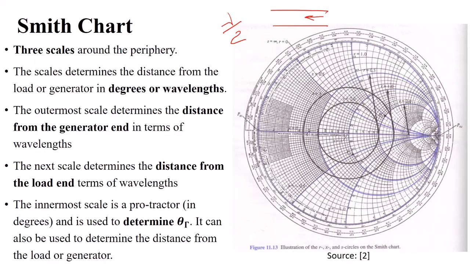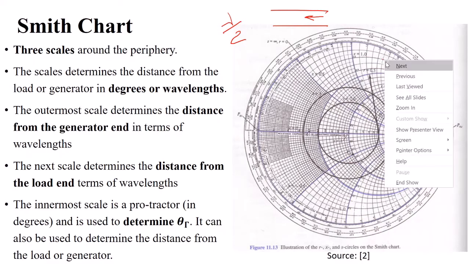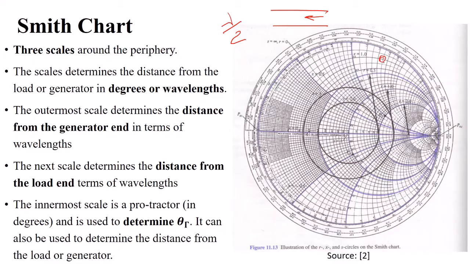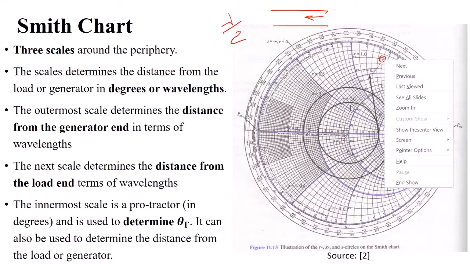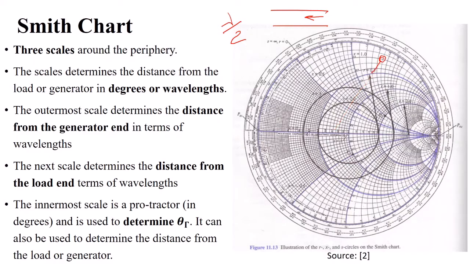So if you have some reflection coefficient here and you join it, you will get the magnitude here, and this angle will be the phase.